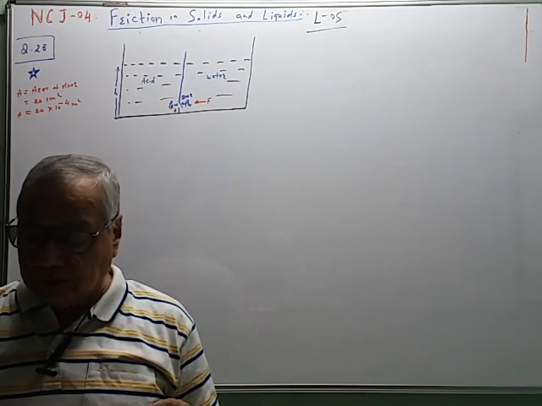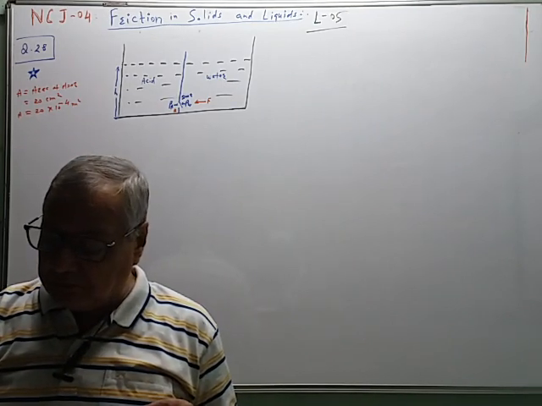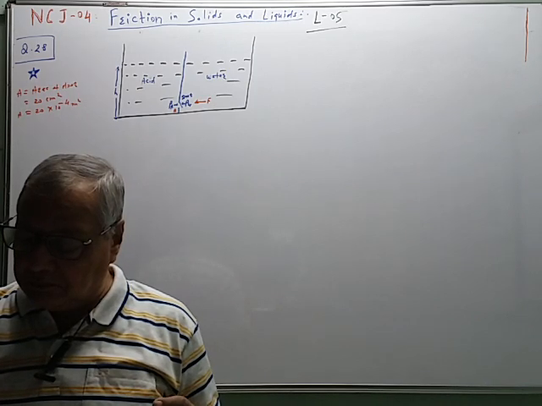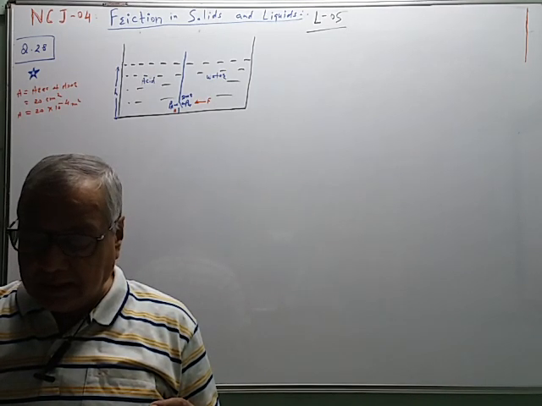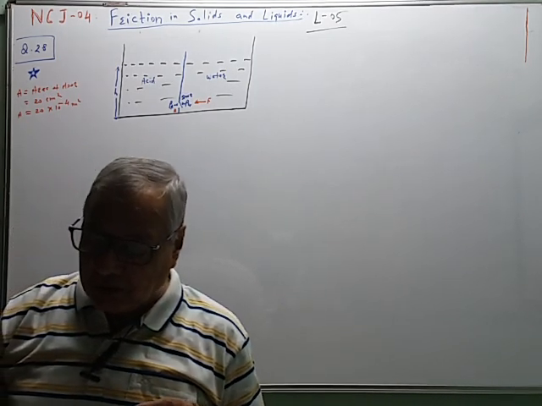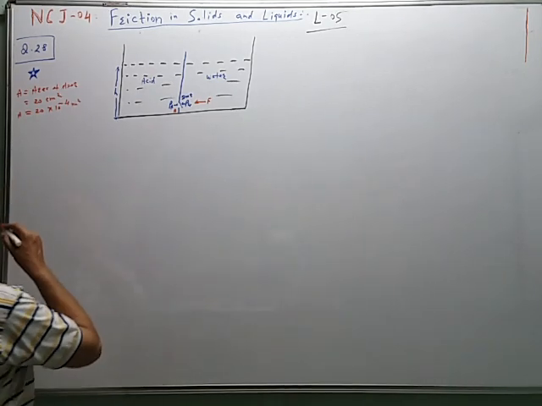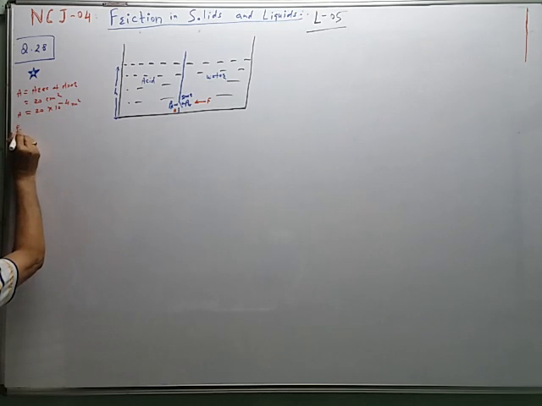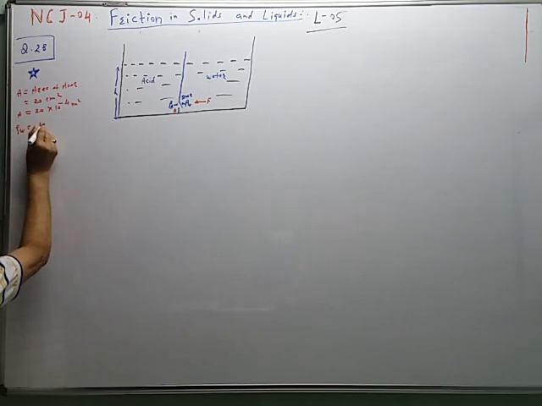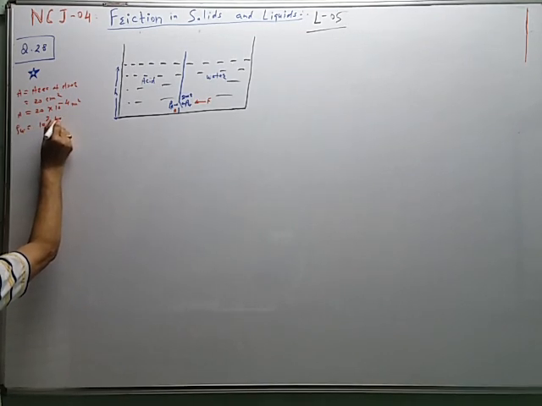Then in one compartment there is water and in the other there is acid. So density of water is equal to 10 to the power 3 kg per meter cube.